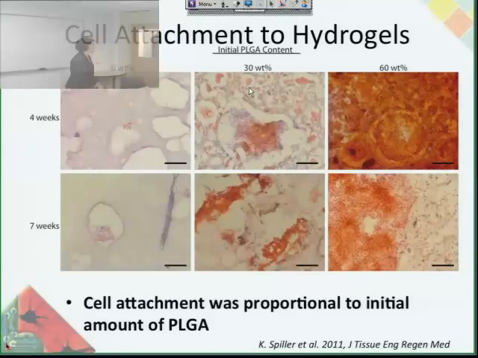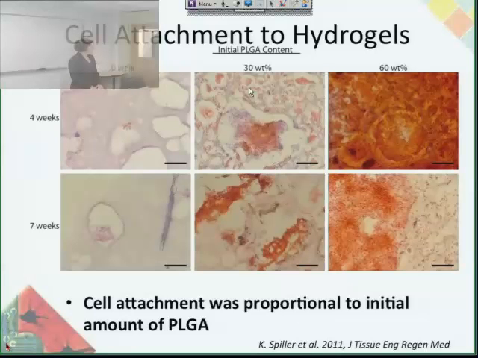I did some in vitro testing to see why the cells didn't attach to the hydrogels. This was actually just confirming what a lot of people have shown. In this image you can see the hydrogels that had large pores but no hydrophobic polymer, in this case PLGA.